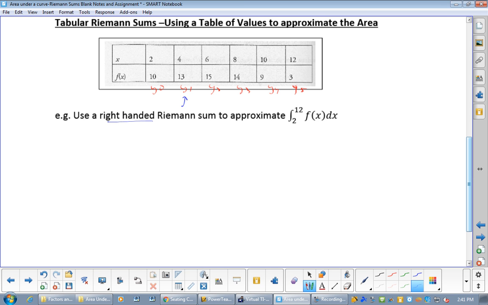Now, the formula is (b minus a) over n times (y1 plus y2 plus all the way to yn), which in our case would be y5.